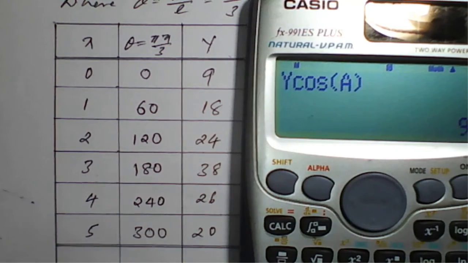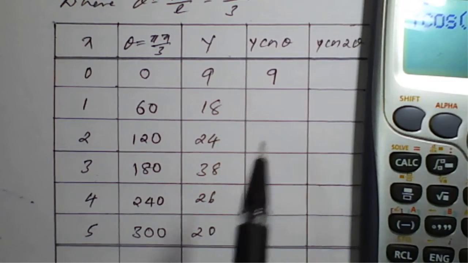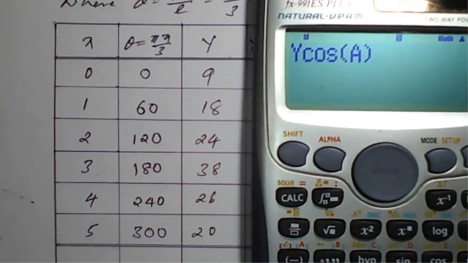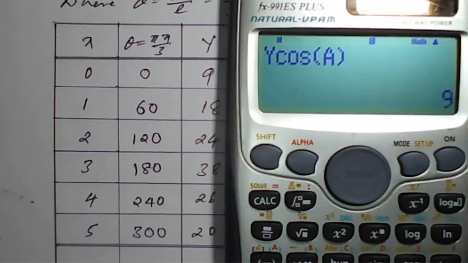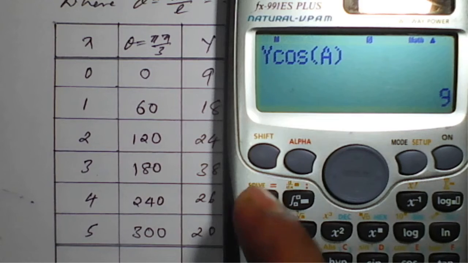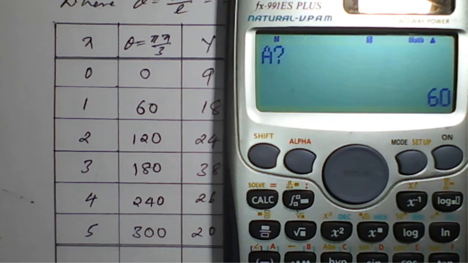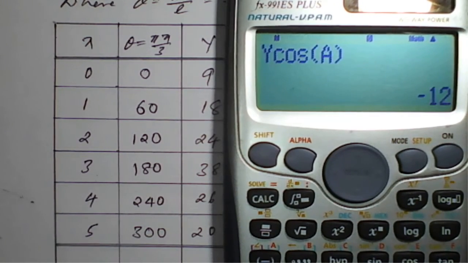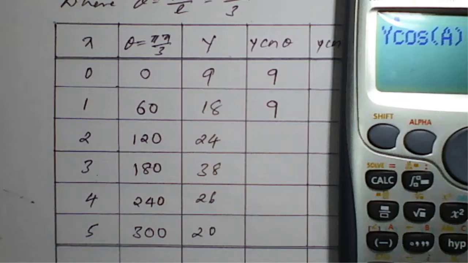So it will be again 9. Then next y value is 24 and theta, that is A value, is 120. So it will be minus 12. You can see the value, it is minus 12.